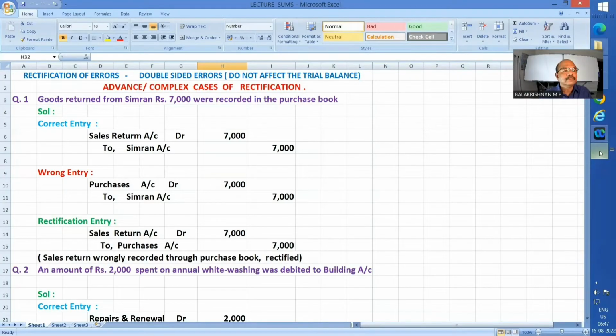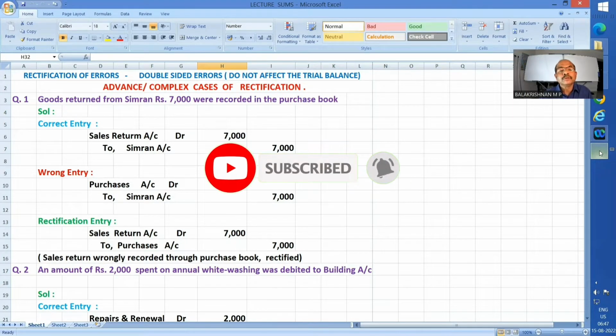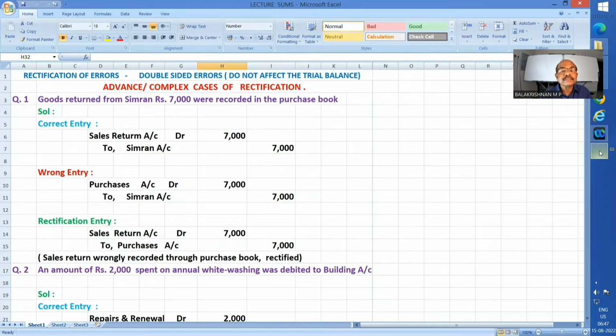Rectification of errors, double-sided errors, which do not affect the trial balance. However, there are serious mistakes involved. Hence, we need to rectify them. These are somewhat advanced or complex cases of rectification as compared to my previous episode, BSE 023.